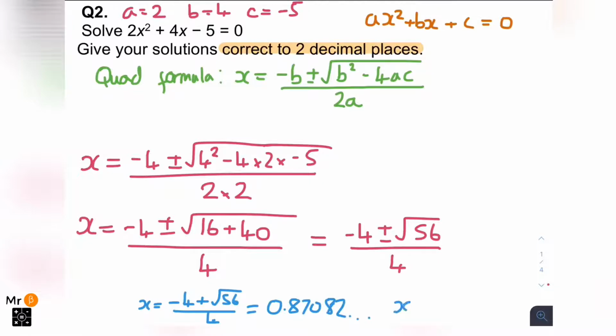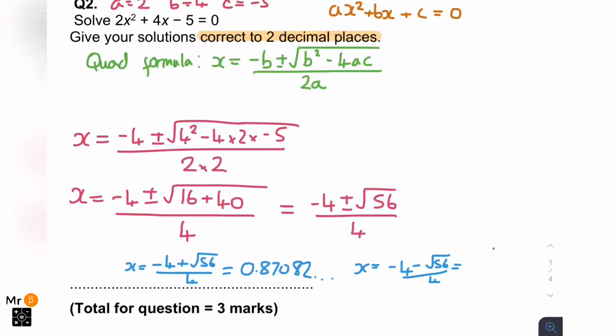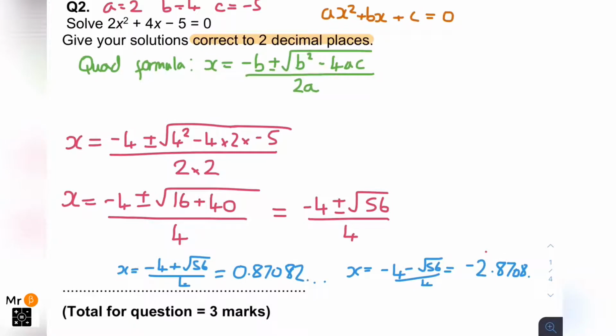And then in my calculator I would type in minus 4 minus root 56 divided by 4, and that is equal to minus 2.8708. And then to finish off, we need to round these to 2 decimal places. So we would have the first answer being 0.87 and our second answer negative 2.87.